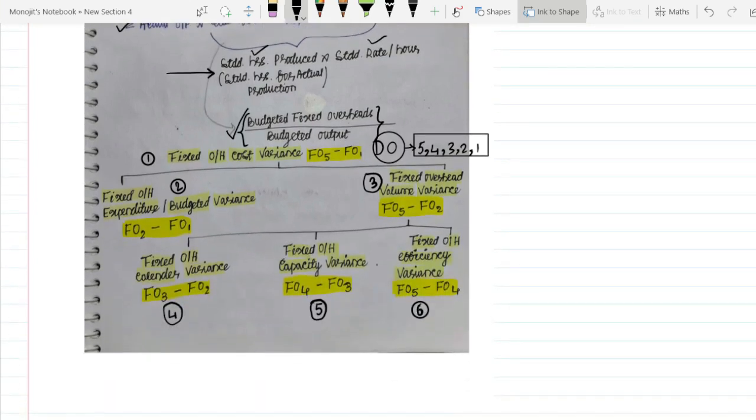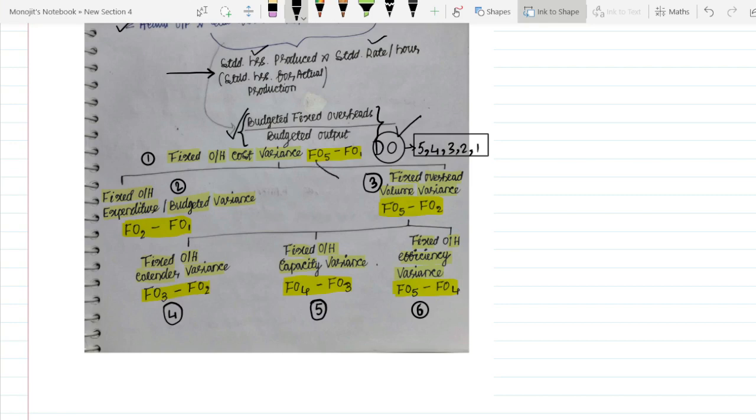Now the fixed overhead cost variance. In the chart, first you have to compute fixed overhead cost variance, FO5 minus FO1. In this chart you have to follow the descending order.